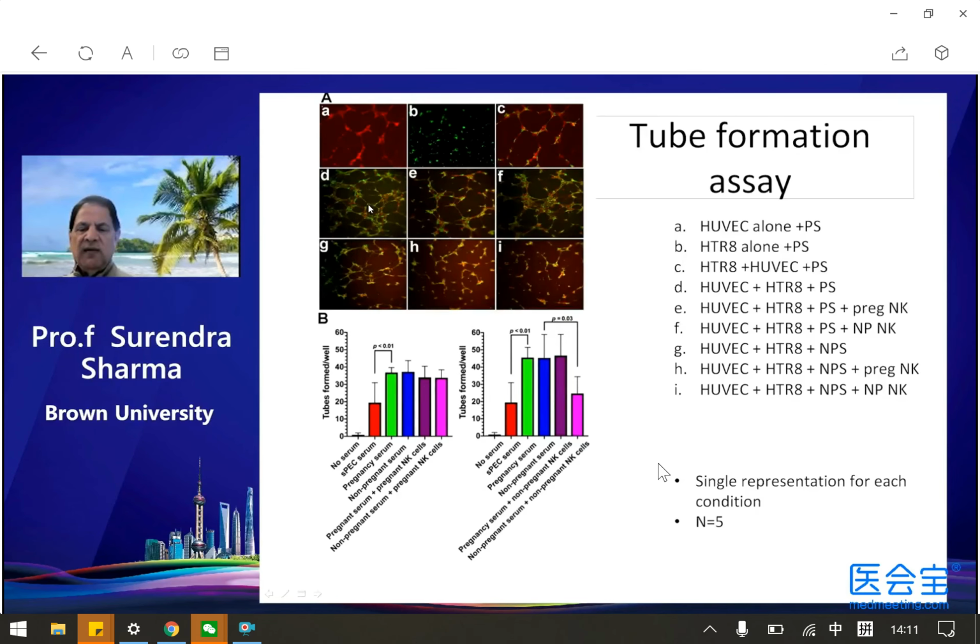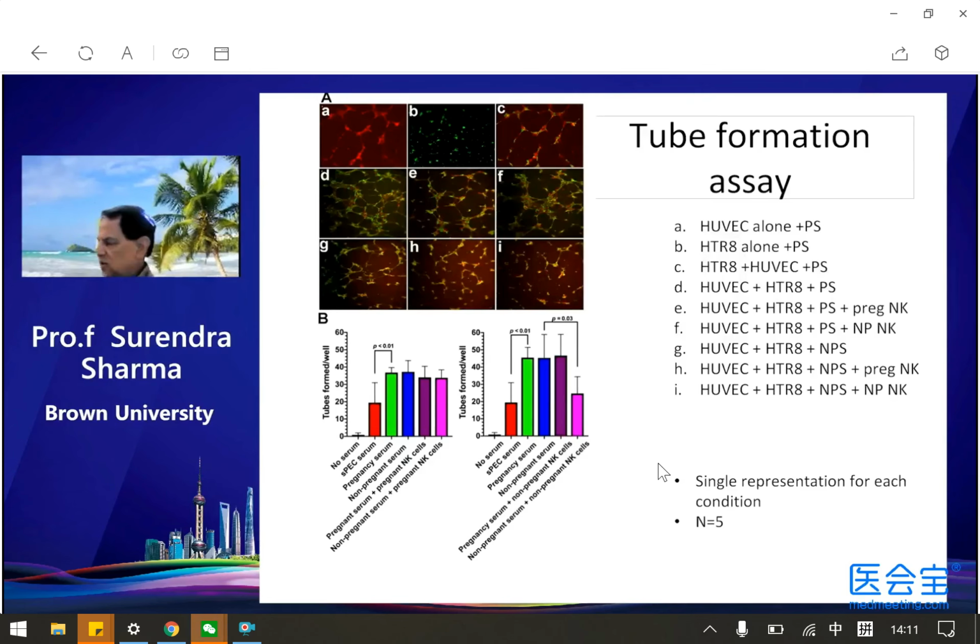However, when we do the same experiments in the presence of pregnant NK cells, you can restore some of the formation of three-dimensional structures. However, in the presence of non-pregnancy NK cells and serum from non-pregnant women, the formation of three-dimensional structures is quite disrupted.